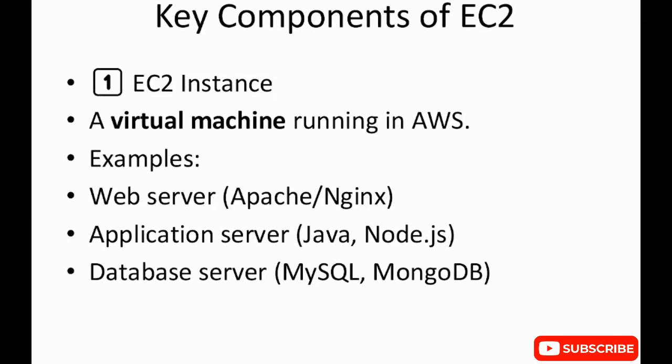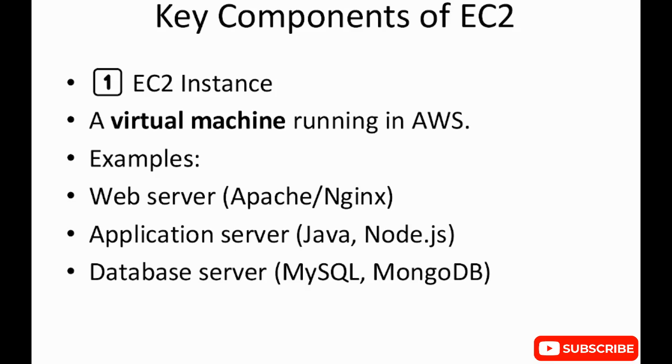Key components of EC2. The first one we will discuss is the EC2 instance, a virtual server that is called the instance. A virtual machine running in AWS is called an EC2 instance. Example: a web server, for which we basically use nginx or Apache.